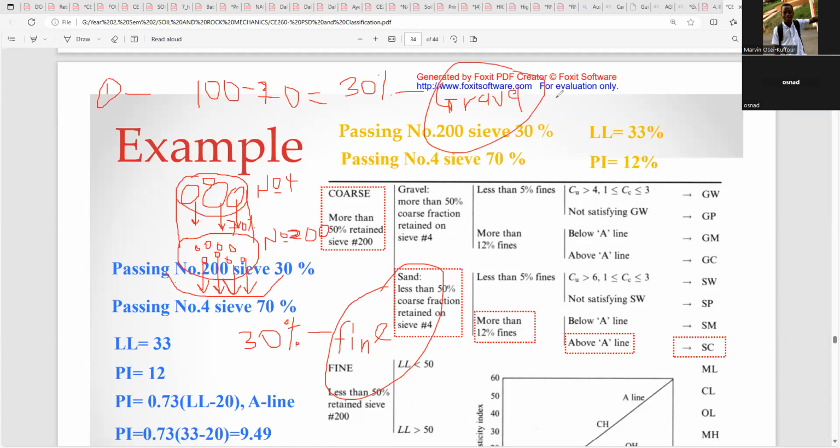What we need now is our sand. We are dealing in percentages. So what do you think the percentage of sand will be, please? I'm waiting for your answer.